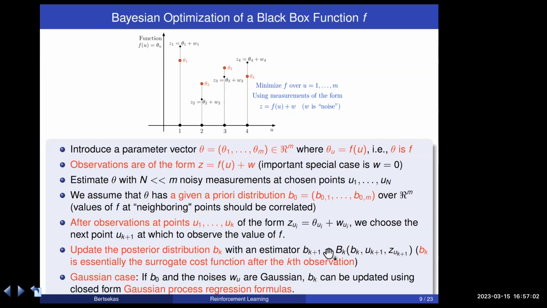However, since we're not going to get into the formulas very much, but we're going to look into the principles of the approach, that will not bother us. So this is based on optimization. The parameter vector adjusts the function itself, and we update its distribution using new measurements. And we want to use measurements that are taken at points where they provide a lot of information.